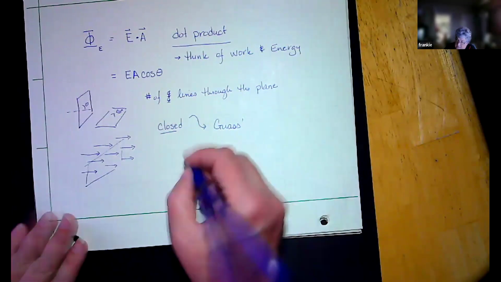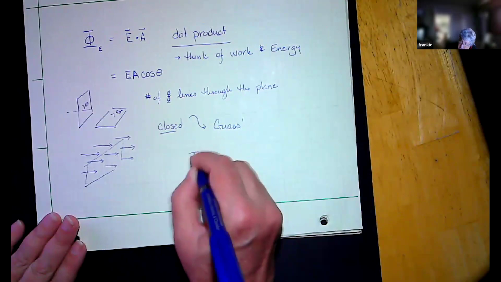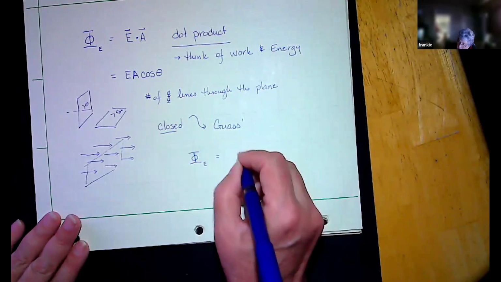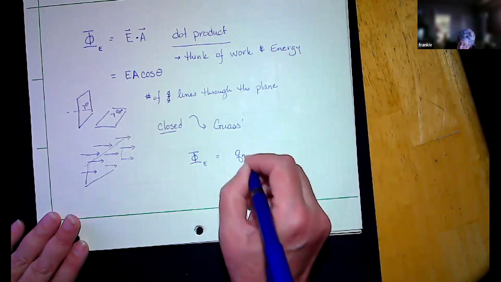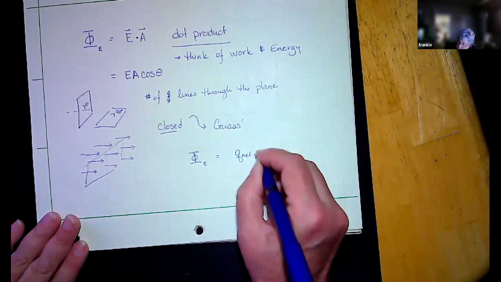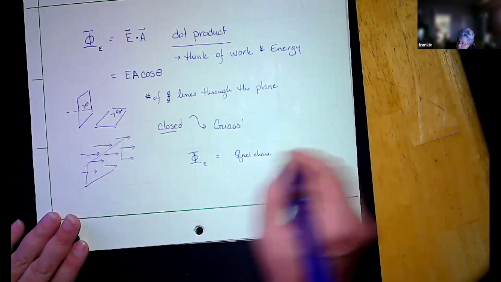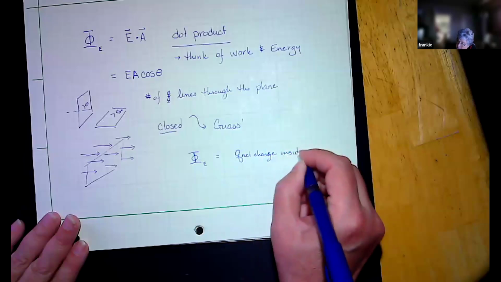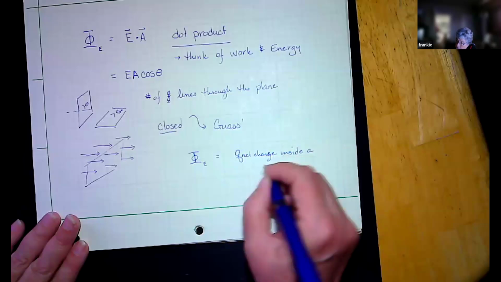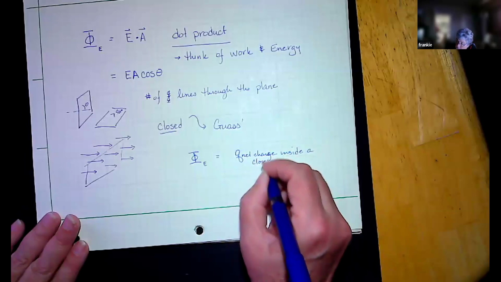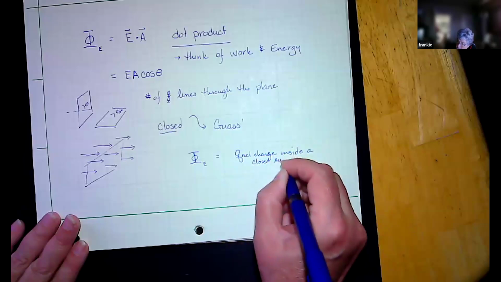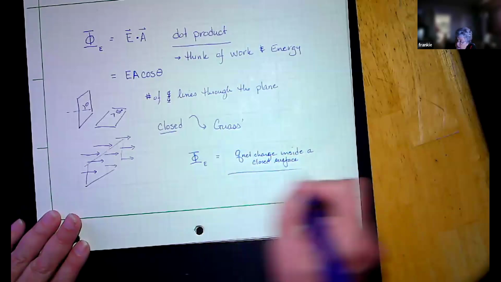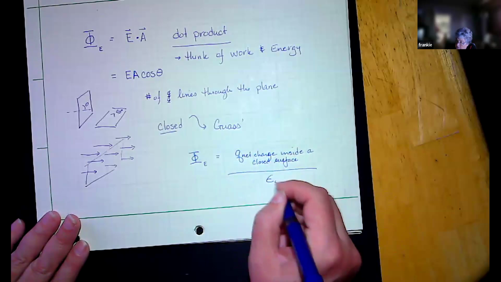But what it basically is saying is that my flux is going to equal the net charge inside a closed surface, divided by the permittivity of free space.